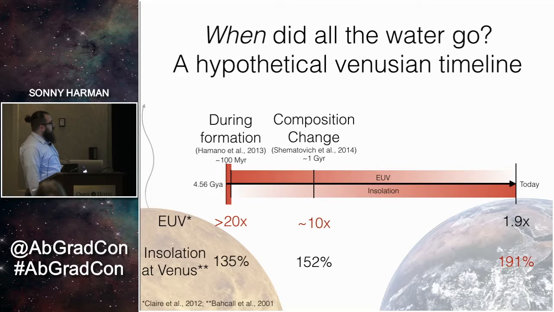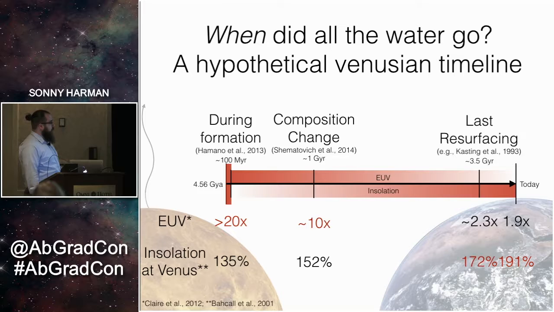This is really that knee I talked about when you get below about 10 times modern solar EUV, where the atmosphere goes from being potentially atomic hydrogen dominated to something like molecular hydrogen dominated, if you are dissociating water vapor in the atmosphere. And that atomic hydrogen can recombine. And as I mentioned before, the last resurfacing was about 1 billion years ago, or about 3.5 billion years into Venus's evolution.